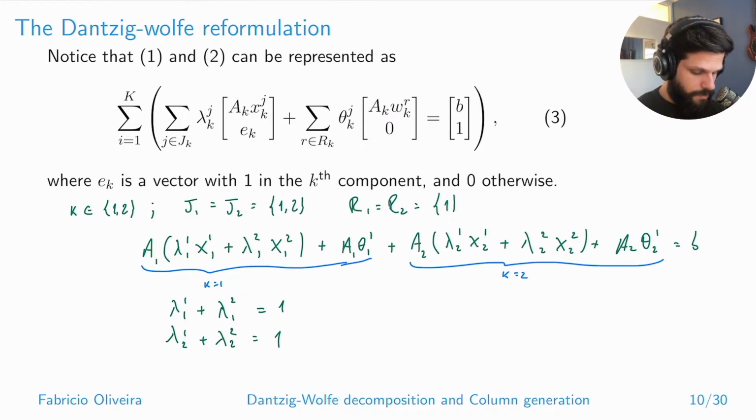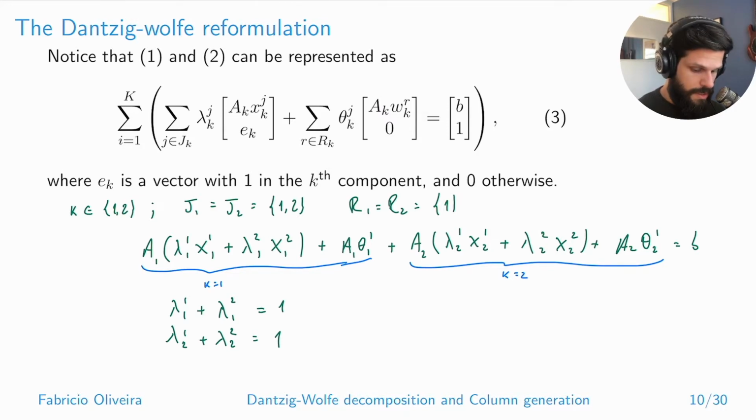So the same for this. For x1 2, I'll have this coefficient, and then I have lambda 2 1 here, so 1 here, and 0 everywhere else. For W I have this first part, and then 0 everywhere else. I wrote theta here, yes, that's correct. It's theta because it's the weight, and W is the actual extreme ray.